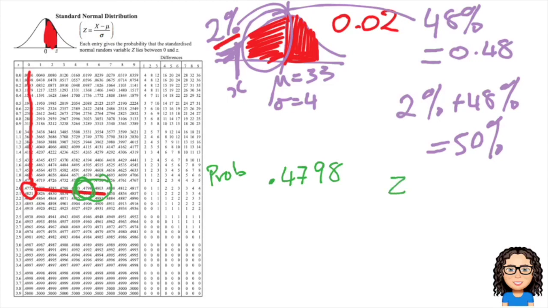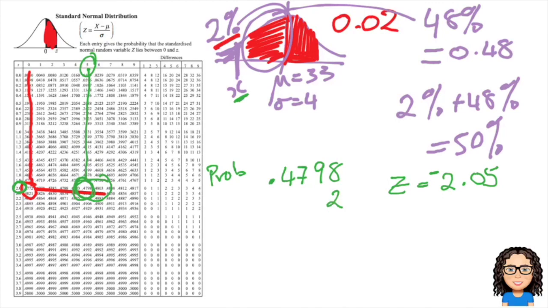And the Z value that that goes with, if I look along that row, goes to 2.0, and the second decimal place when we go up is 5. So that's 2.05. Now remember, the value of x that we want is below the mean, so this is going to be a negative Z value. Now go back to that probability 0.4798.